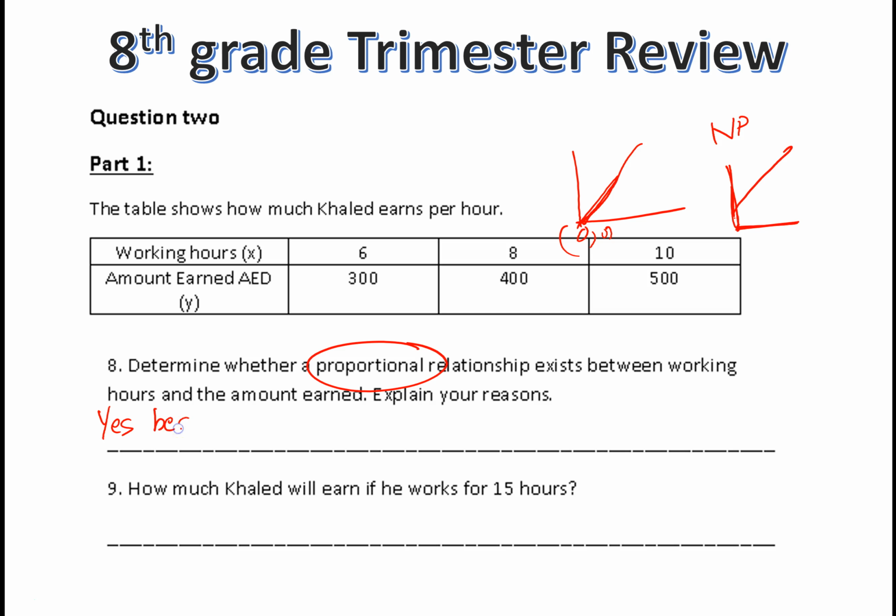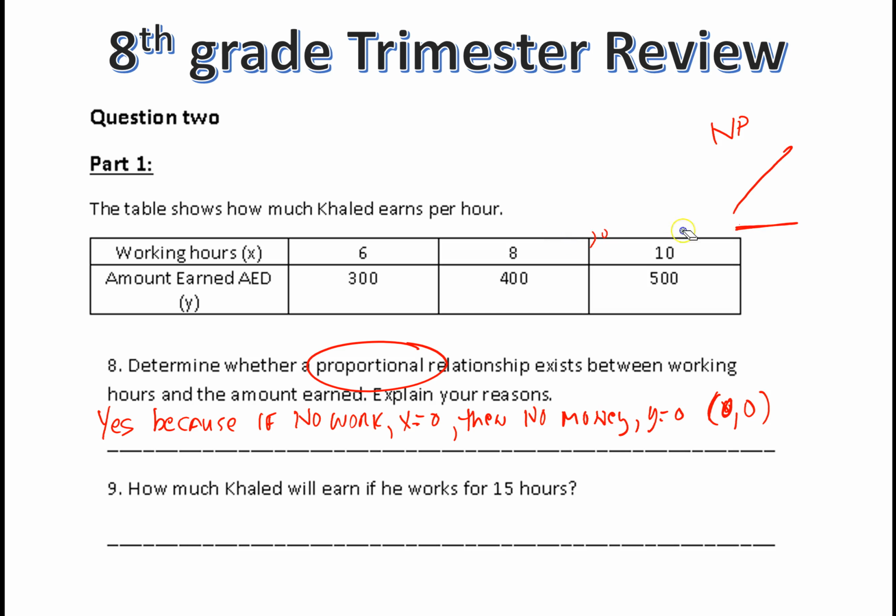So we can say yes because if no work, x equals 0, then no money, y equals 0. So you have 0, 0.